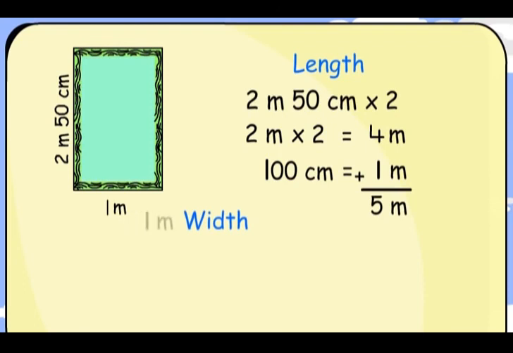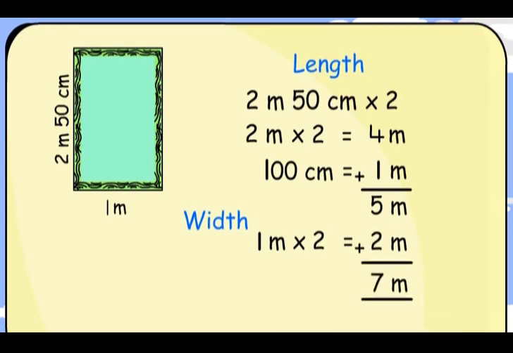Width 1 meter into 2 is equal to 2 meters. So, 5 meters plus 2 meters is equal to 7 meters. Length of lace required is equal to 7 meters.